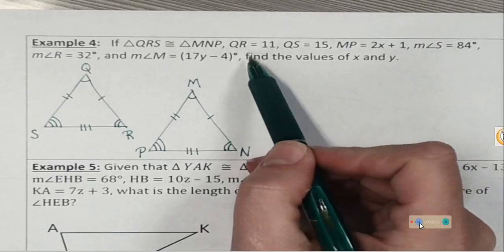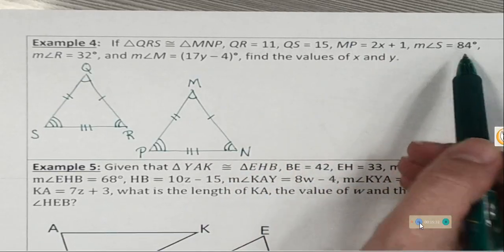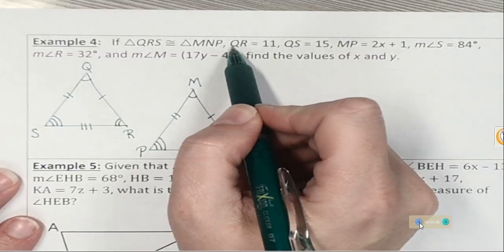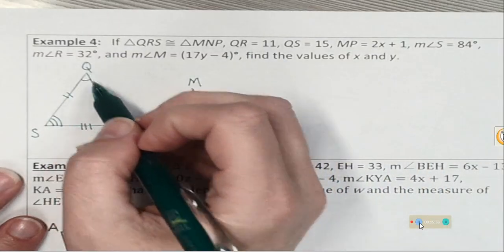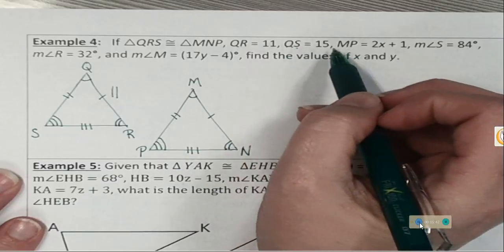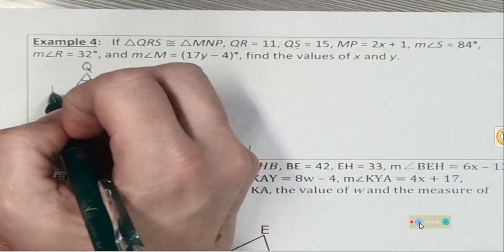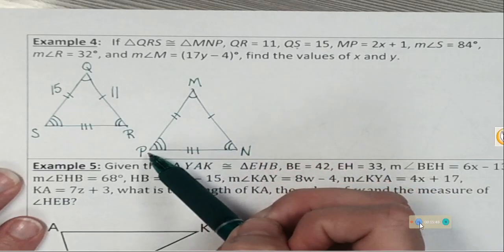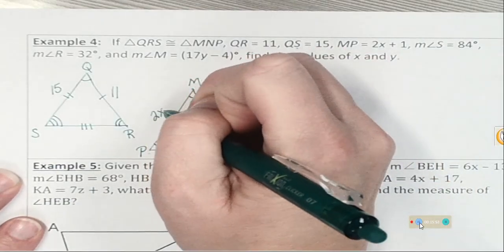Now you're going to take every piece of information and you're going to write it down, and don't leave anything out. Segment QR is 11. QS is 15. MP is 2x plus 1.